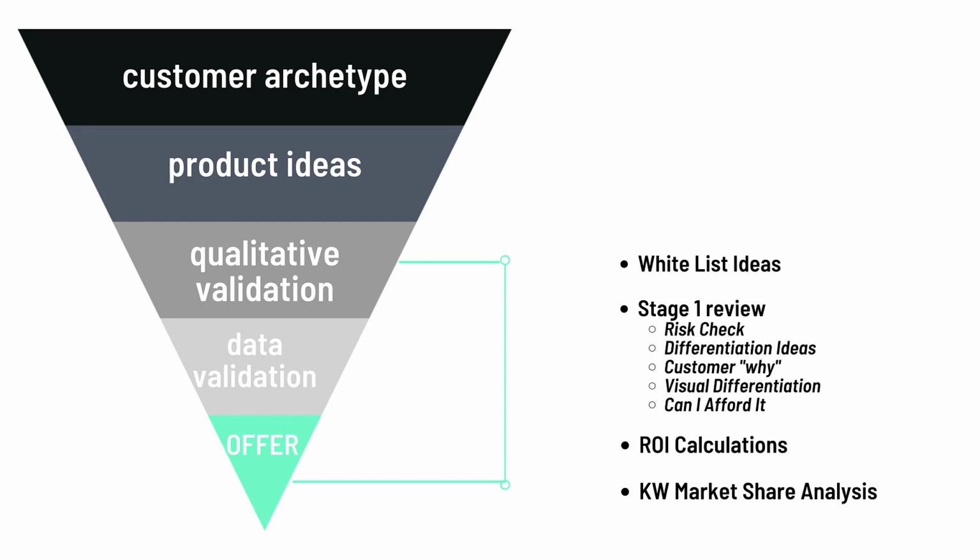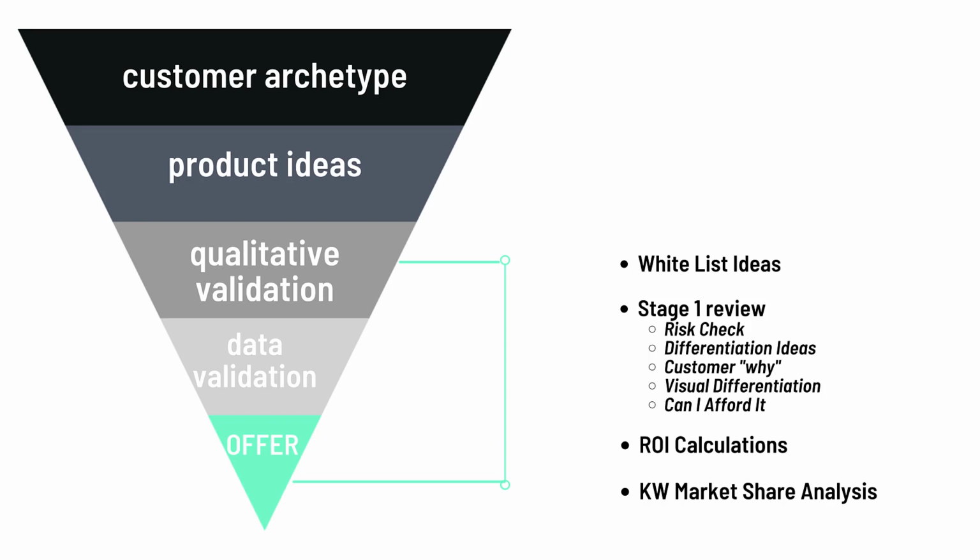So we really whitelisted ideas when we highlight those ideas from the product ideation workflow. And then what we want to do is conduct first a stage 1 review. The stage 1 review is really about doing a risk check, looking at patents and all those other things that we outlined in the risk analysis section. We then want to look at differentiation ideas.